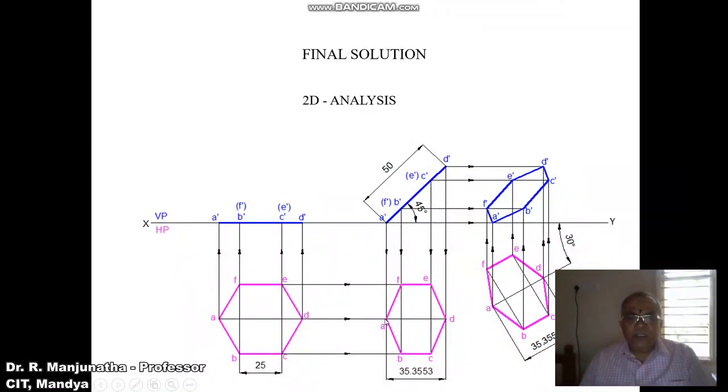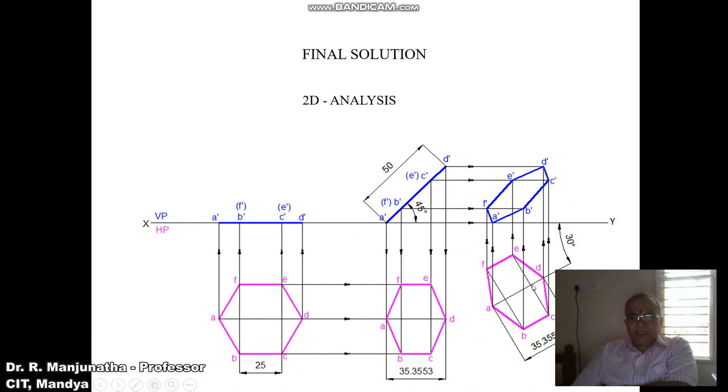Similarly, measure the distance from D to this point and transfer it from D onto this 30 degree line. So you mark this point and this point. Then by using the protractor with this point as center, measure an angle of 90 degrees with respect to the AD line and draw a perpendicular to AD.